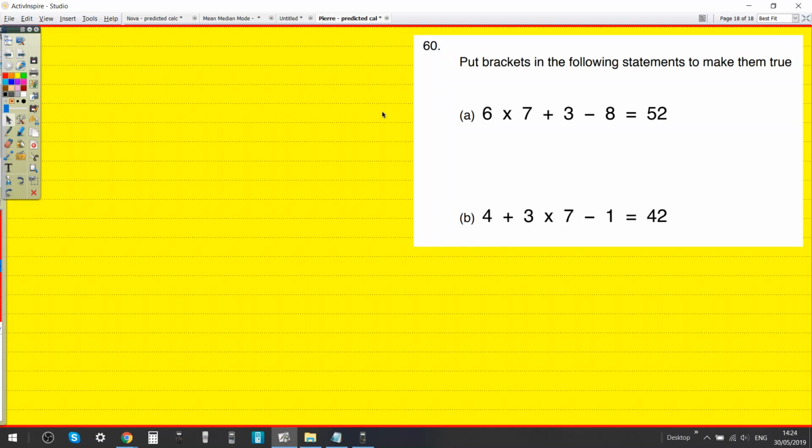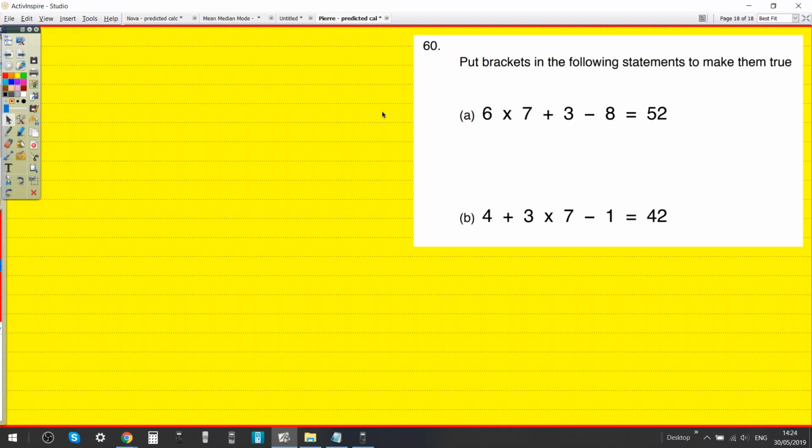So you have to put brackets around something to make it right. I'd put the brackets around 6 times 7, plus 3 minus 8. Oh, it still comes out as 37. That's because it was already doing that first.